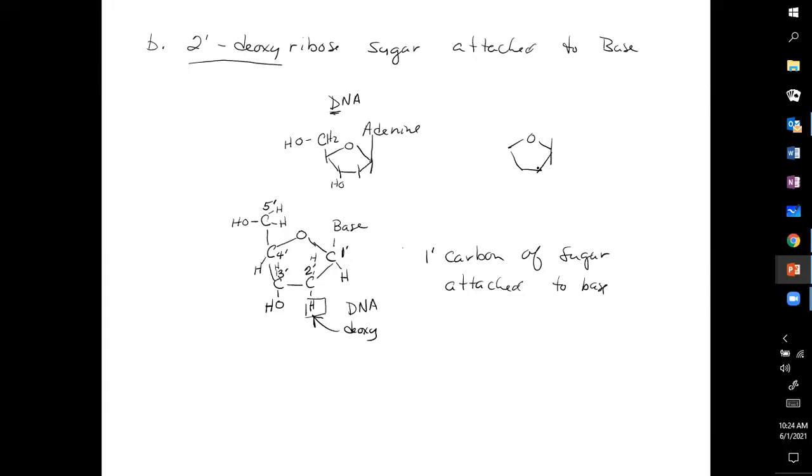That's why it's called ribonucleic acid rather than deoxyribonucleic acid. In an RNA nucleotide at the 2' carbon, there is a hydroxyl group. This is one of the main differences between an RNA nucleotide and a DNA nucleotide, that and the fact that RNA has uracil and DNA has thymine.